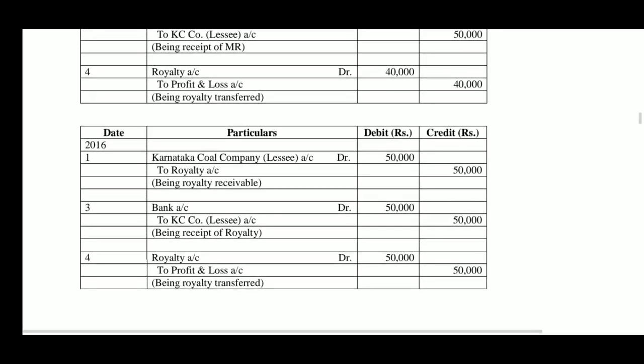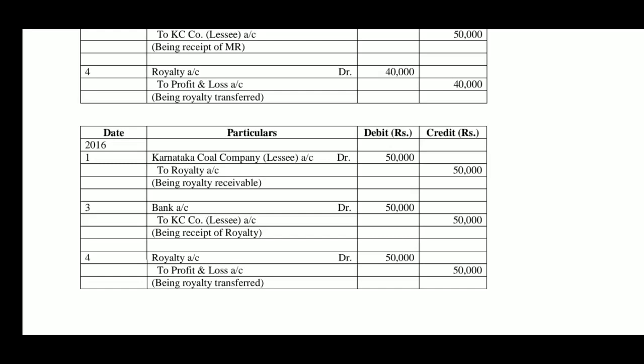Here royalty is income, therefore it is credited and the lessee becomes the debtor. The royalty, the income which is receivable from the person, the lessee, from whom it is due, his account, he becomes the debtor. Therefore, to the extent of actual royalty, lessee's account is debited. Karnataka Coal Company account debtor to royalty account, 50,000 rupees, being royalty receivable.